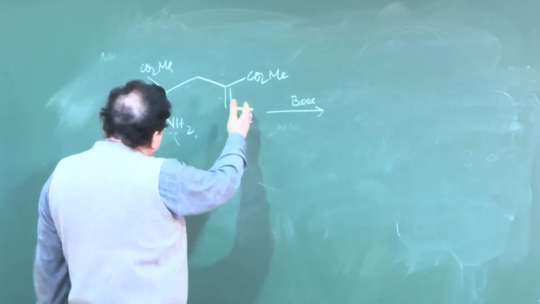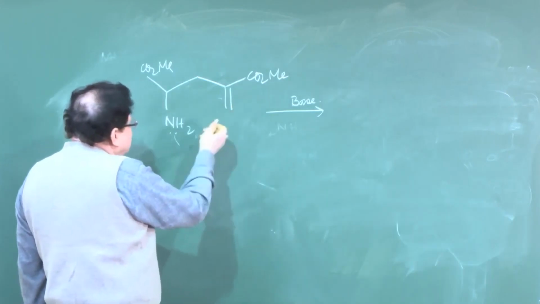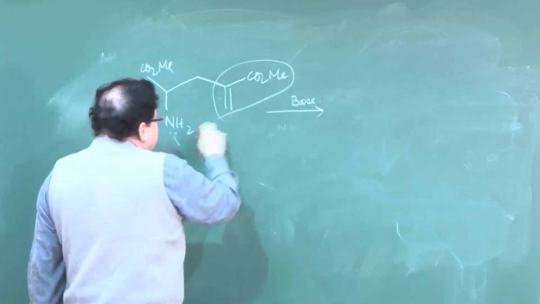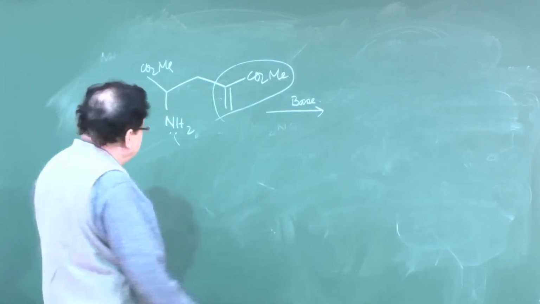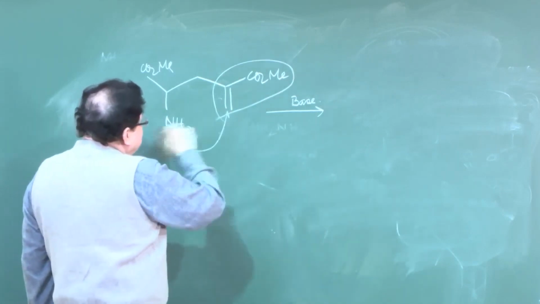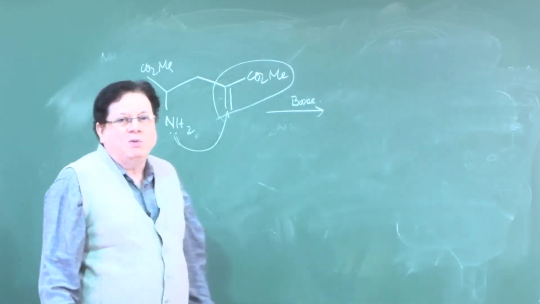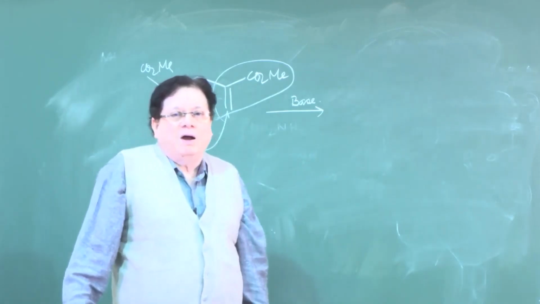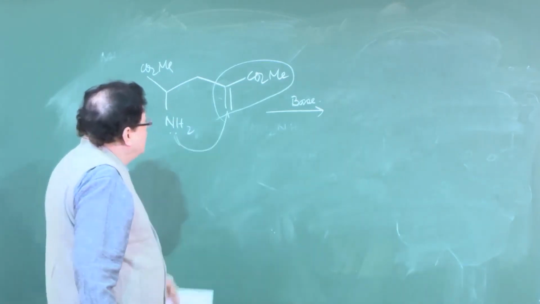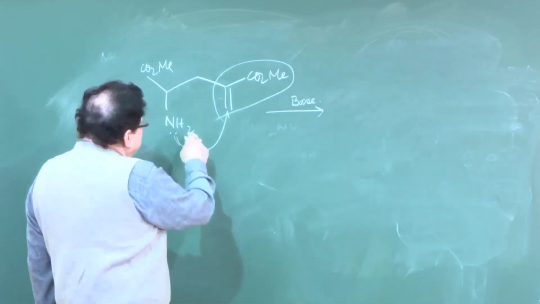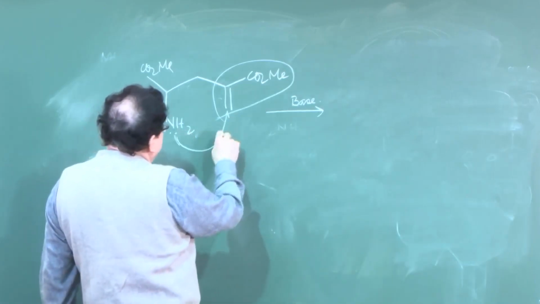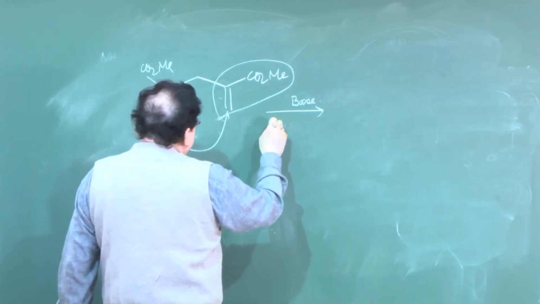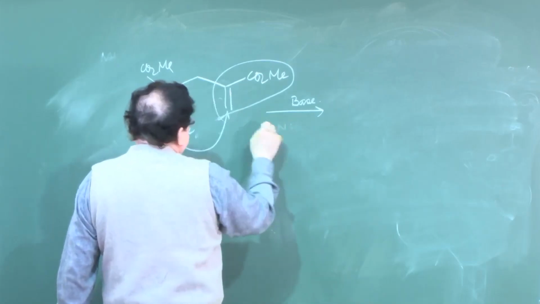So, if you do not know Baldwin's rule, you will see that there is this Michael acceptor, and so this NH can add in a Michael fashion to this double bond. However, if you know Baldwin's rule, then first of all try to classify this reaction, this NH2 adding to the double bond. That will form a 5-membered ring.